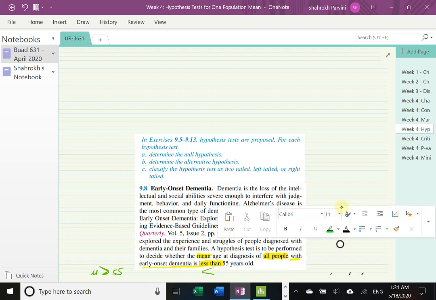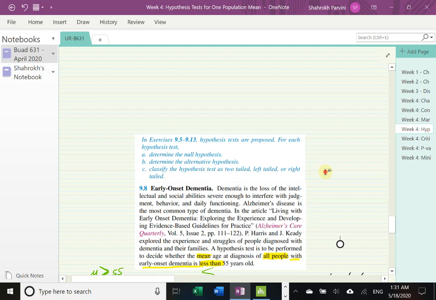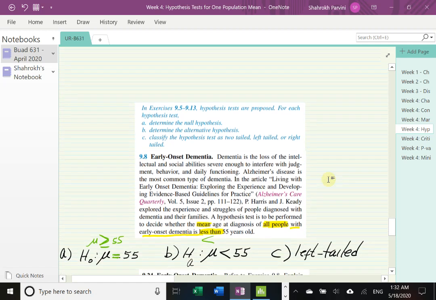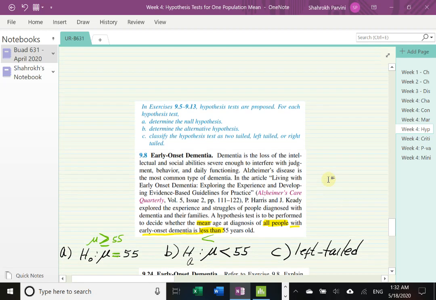So the fact that it's less than 55 makes this the alternative. So what is the null going to do? The null is going to say the average is indeed 55. Or, to be more accurate, it's going to be greater than or equal to 55.